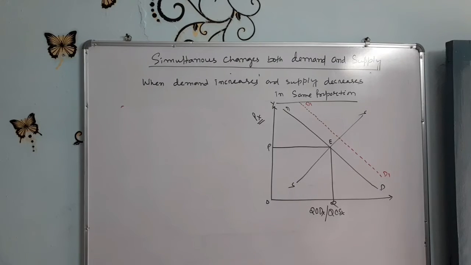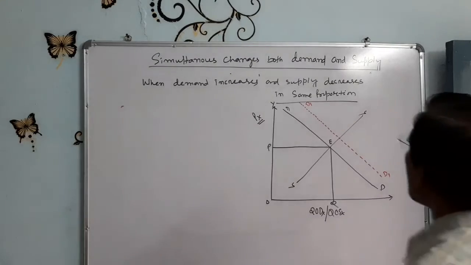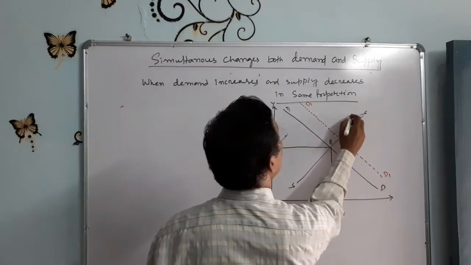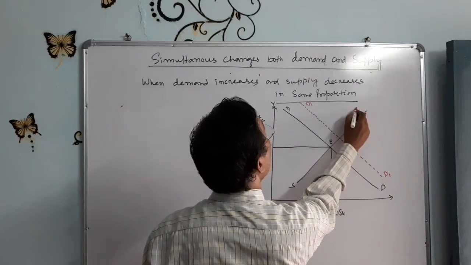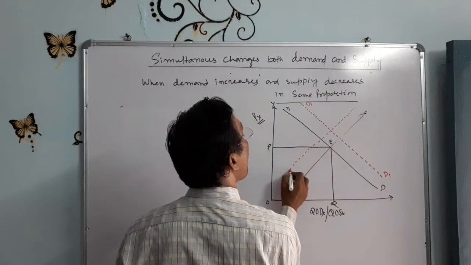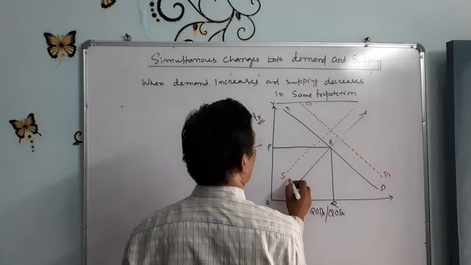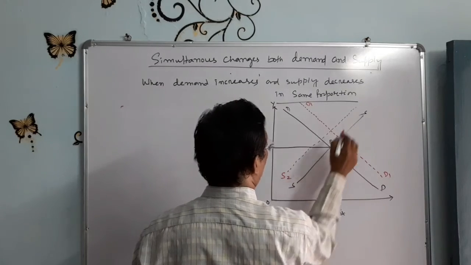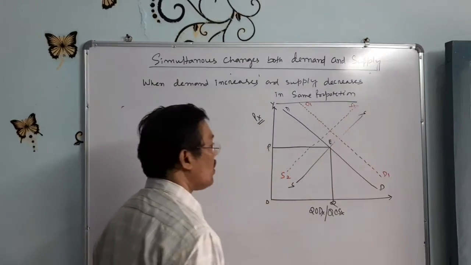Supply decreases means it will shift towards the left in the same proportions. S1, S2. Clear?